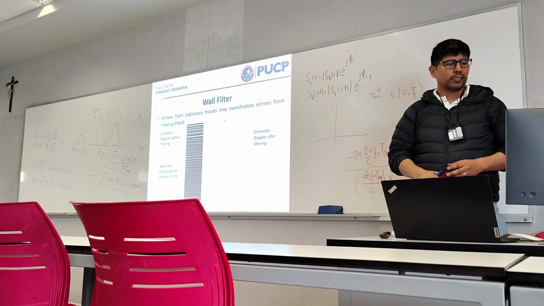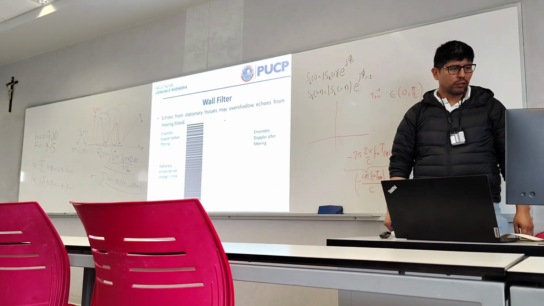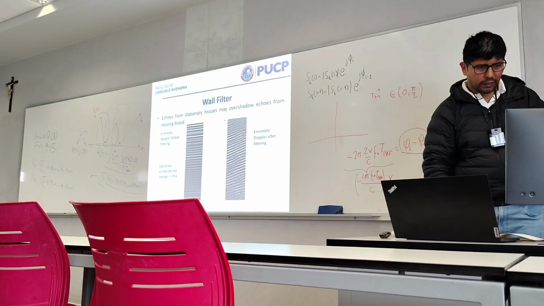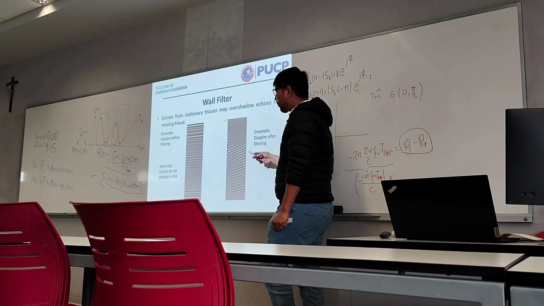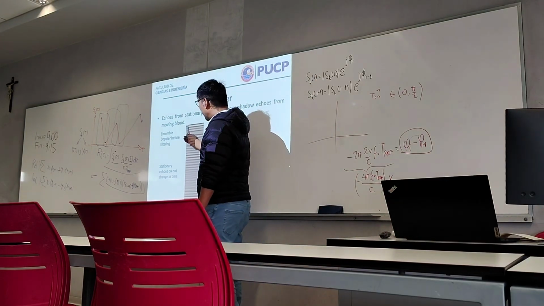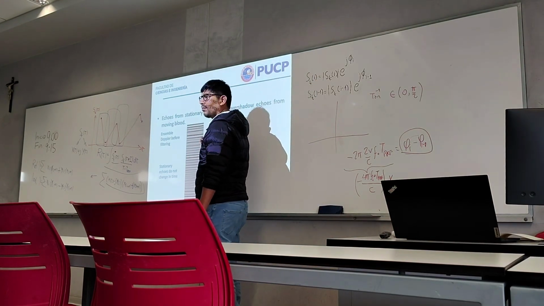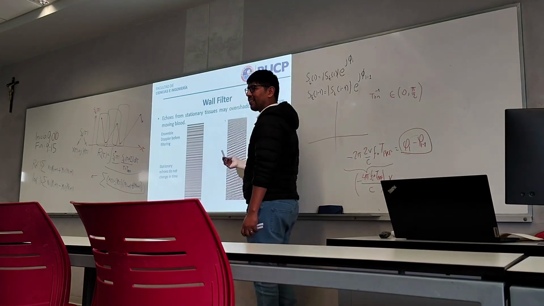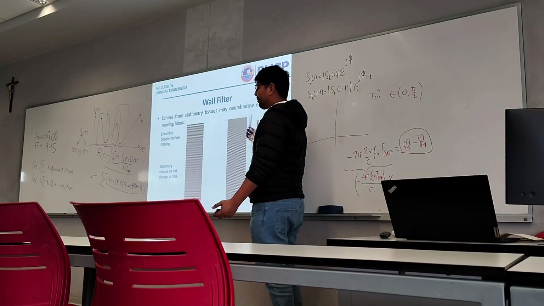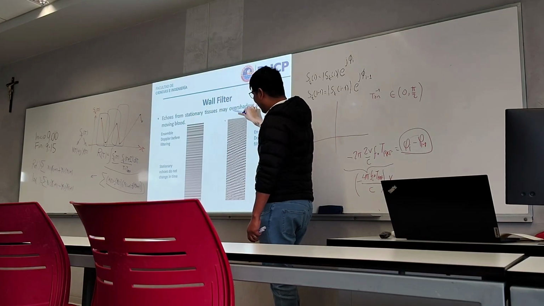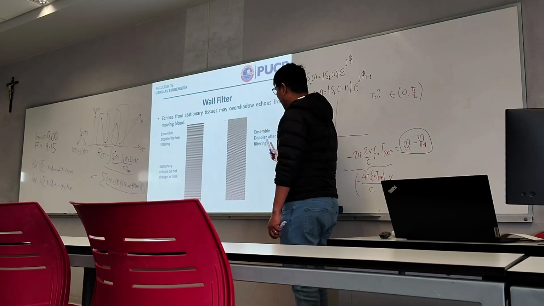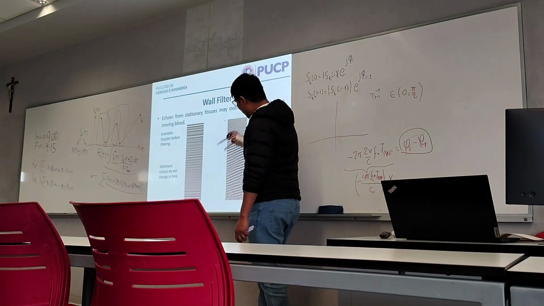Echo from stationary tissues may overshadow echoes from moving blood. That's what we said before. And so after applying the wall filter or the high pass filter, the signal that looks constant will be cancelled, eliminated, filtered, and you get these slow time signals now with a different depth.